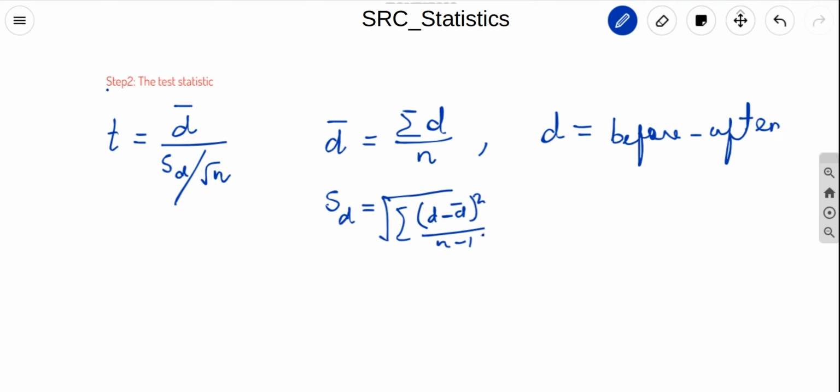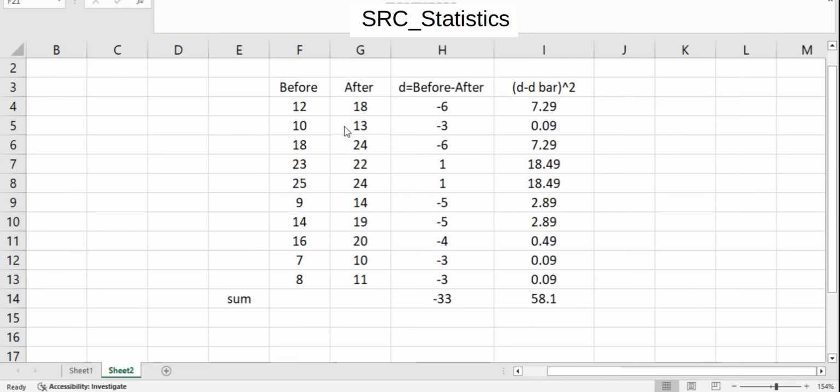So for finding out d bar and SD, that means mean and standard deviation, we have to do some calculation. I have done my calculation using Excel. You can do it manually or whichever way you like. I have written the before scores and after scores, and then I find out d.